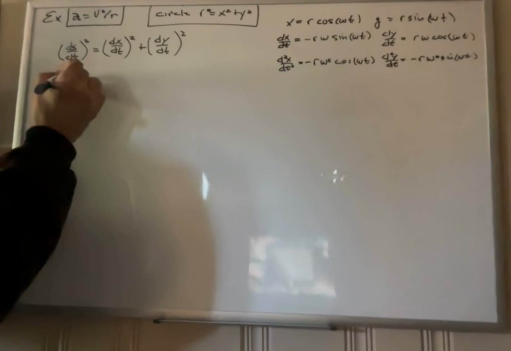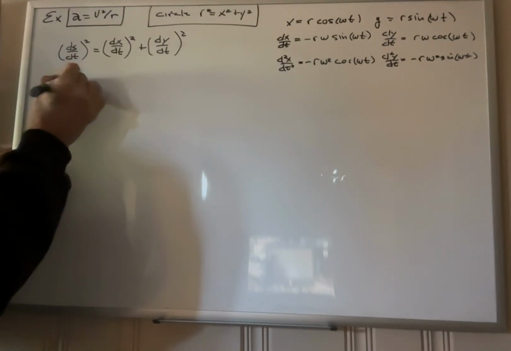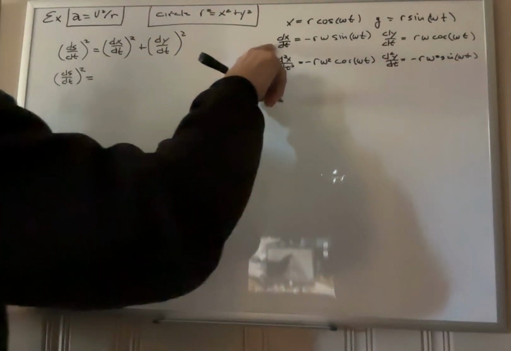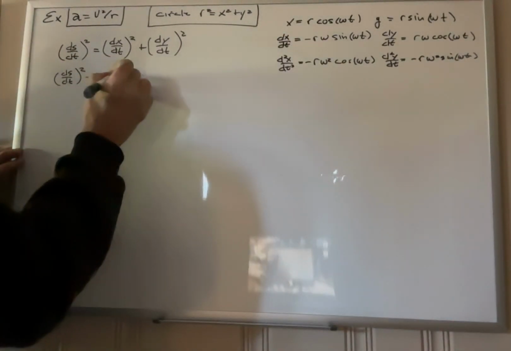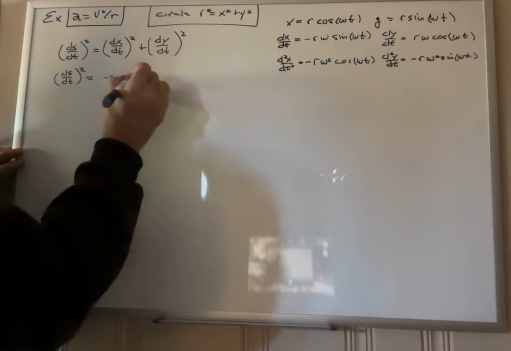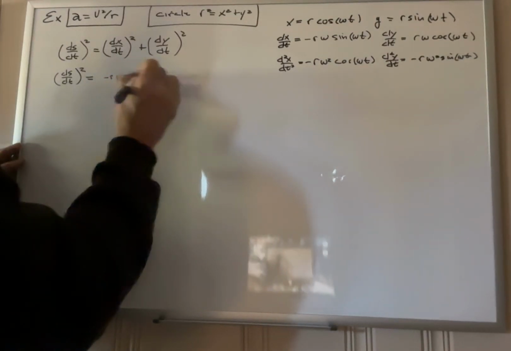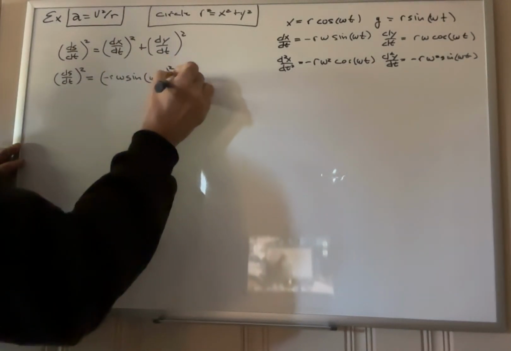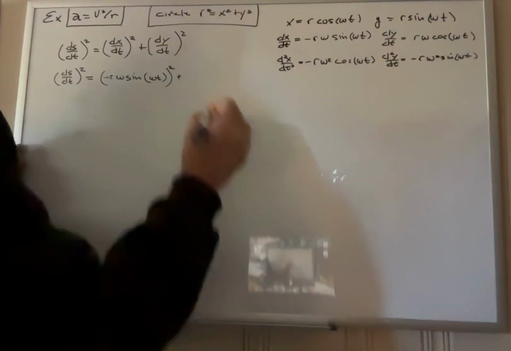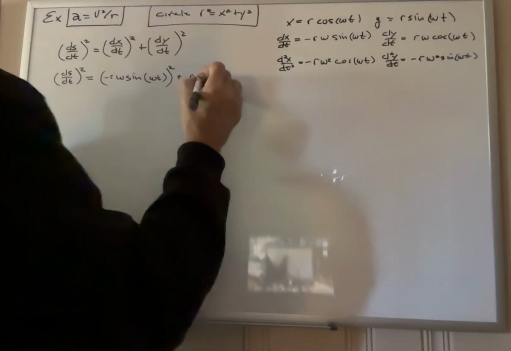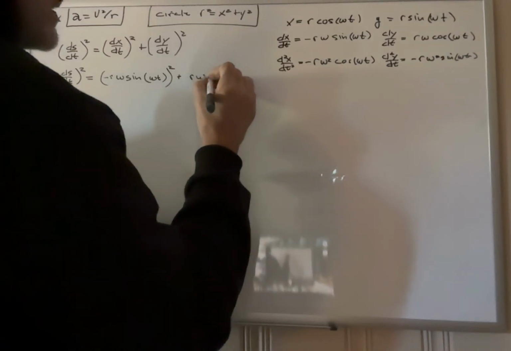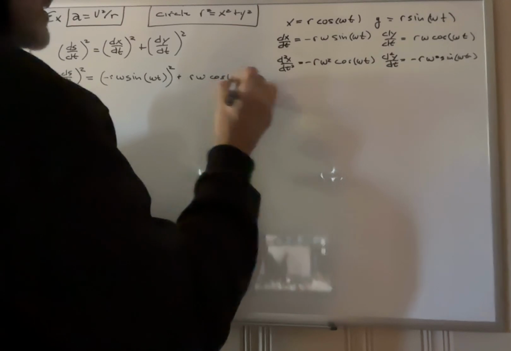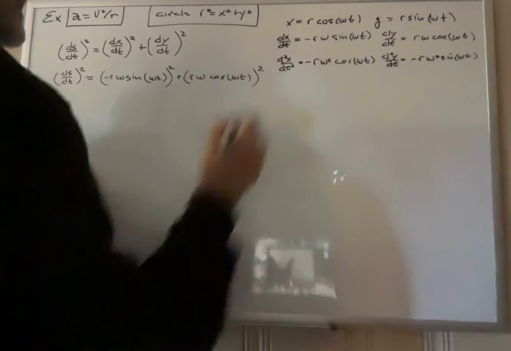So let's throw it in there. (ds/dt) squared is going to be equal to our (dx/dt) squared, so this is going to be negative r w sine wt, and we're going to square this thing, plus this thing squared, which is r w cosine wt, and we're going to square that thing.